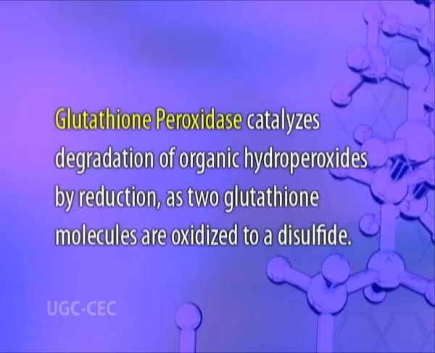Glutathione peroxidase catalyzes degradation of organic hydroperoxides by reduction, as 2 glutathione molecules are oxidized to a disulfide. Regeneration of reduced glutathione requires NADPH produced within erythrocytes.